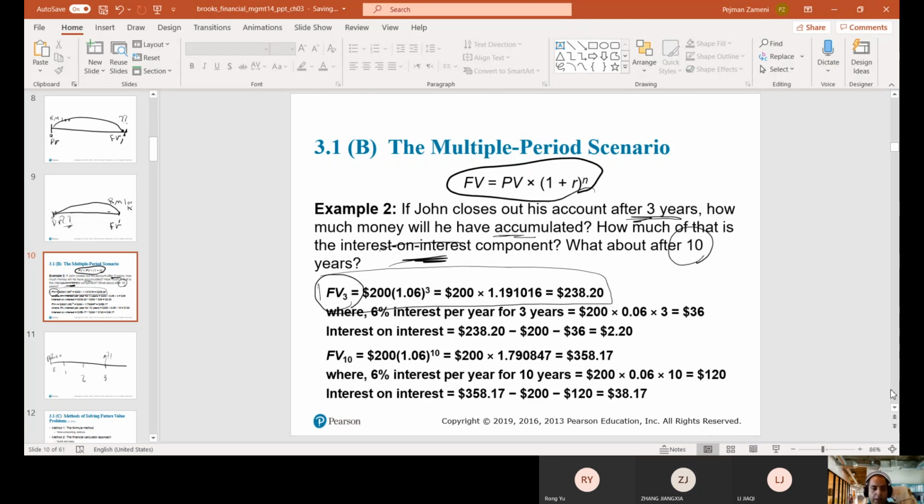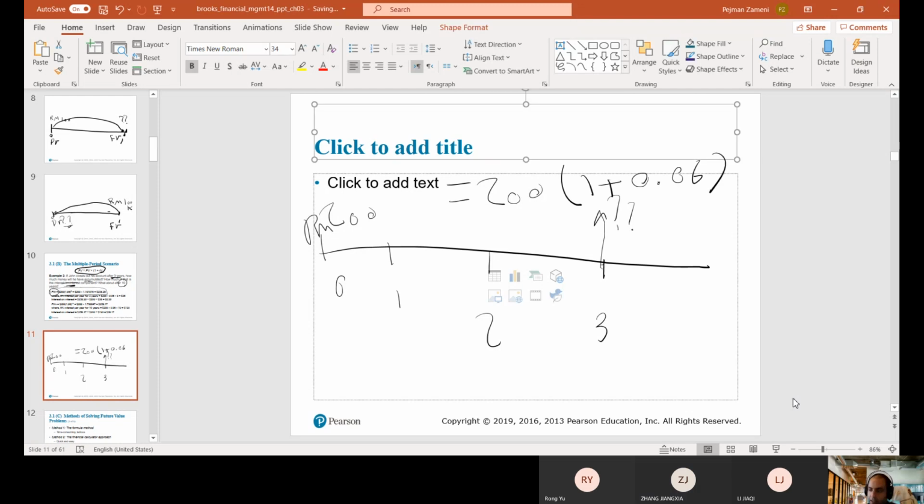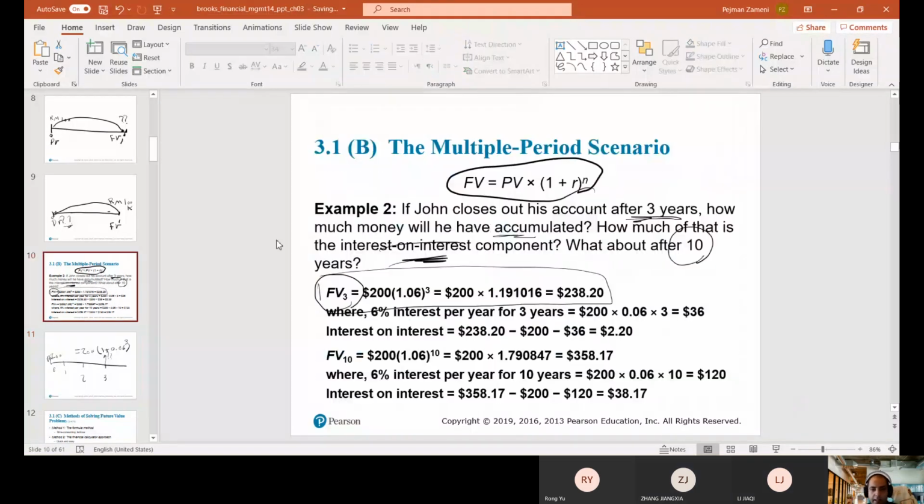The present value, the amount that we are investing right now, is how much? 200 ringgit. This money is going to grow with the interest rate of 6% for how long? For 3 years. Then you're going to see that this would be 238.20.